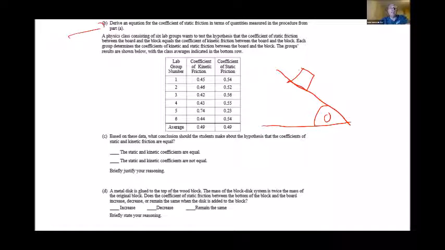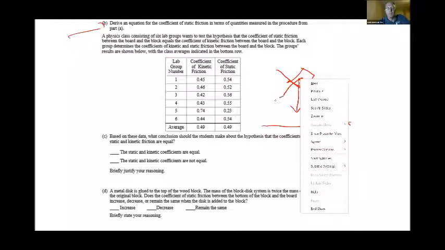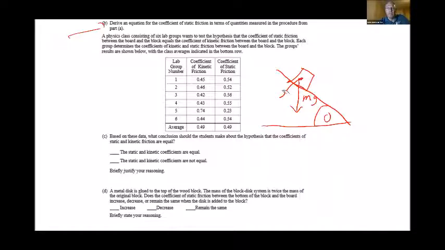I'm going to take my block and I'm going to draw in some forces and some components of those forces. And that's terrible. Let's see if I can make that a little straighter. So that's going to be my weight, mg. I'm going to take that and break it into components. This is not an ideal setup for drawing, so bear with me for a minute.